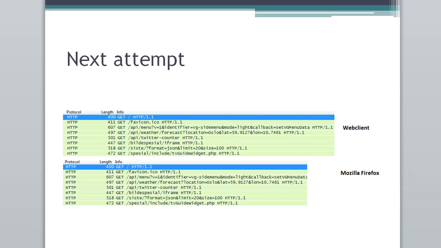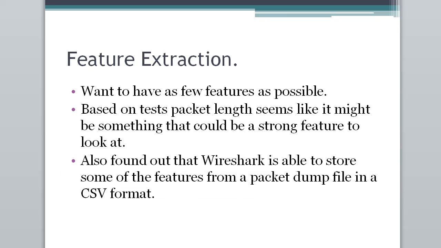Something I have also been working on is trying to figure out what features are useful for distinguishing between the WebClient and Firefox. It seems that packet length could be a good way of distinguishing between the two. I conducted a simple experiment where I compared the packet length from captures done on Internet Explorer and Mozilla Firefox on 15 different web pages.